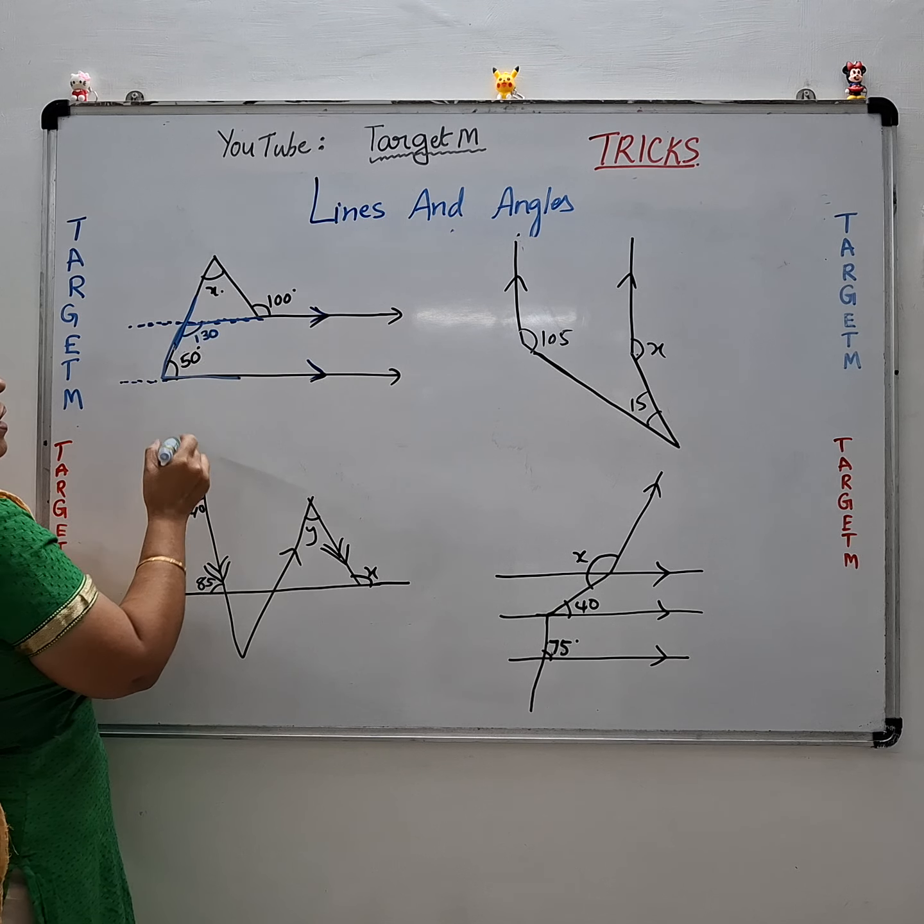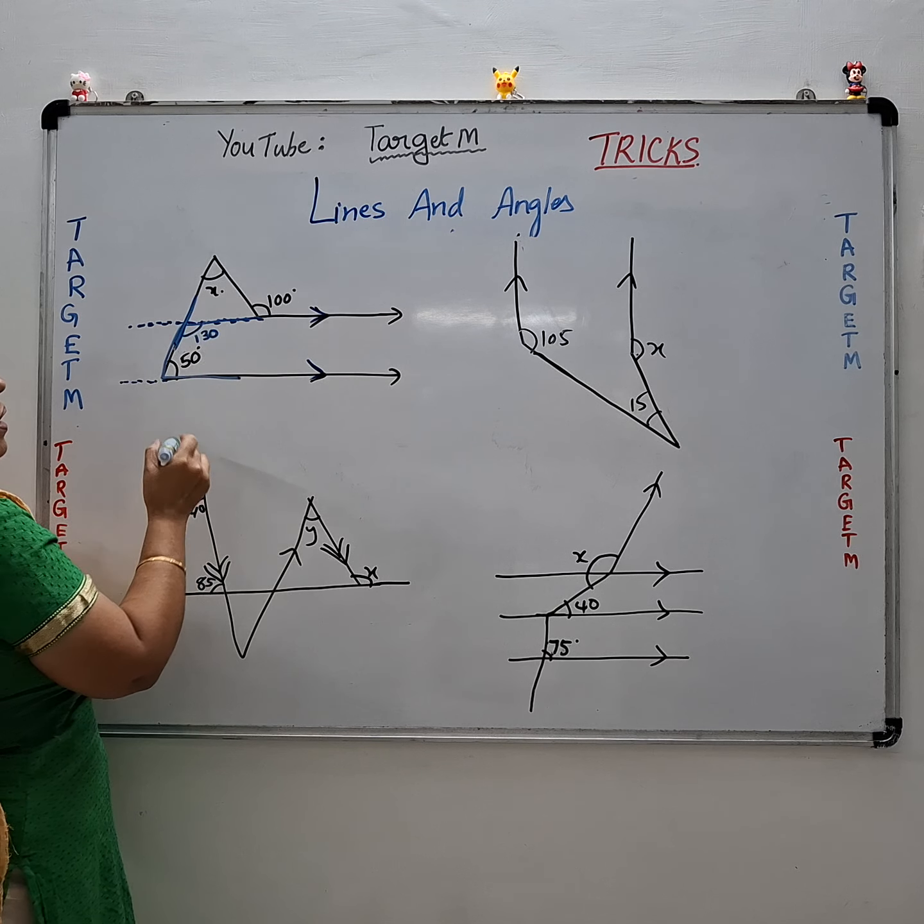Now if this is 105 degrees, the internal value here is given as 15 degrees. Now can you see an X shape here? If this is an X shape, this is vertically opposite, that is 105 degrees.